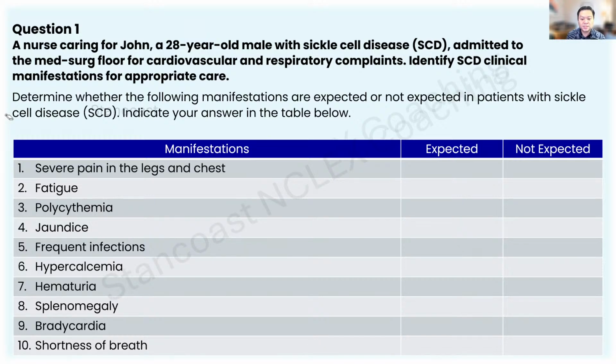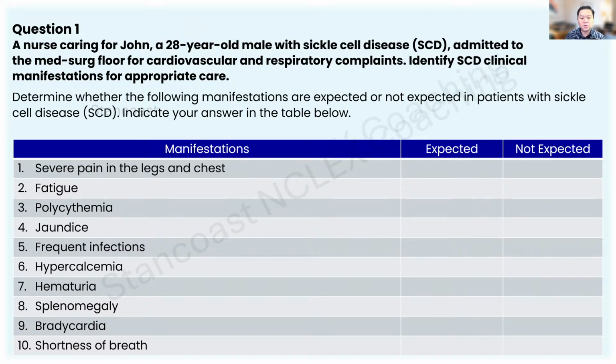John reports that he has been experiencing fatigue, shortness of breath, and frequent infections. His medical history includes multiple hospitalizations for vaso-occlusive crisis. As his nurse, you need to identify the clinical manifestations associated with sickle cell disease to provide appropriate care.